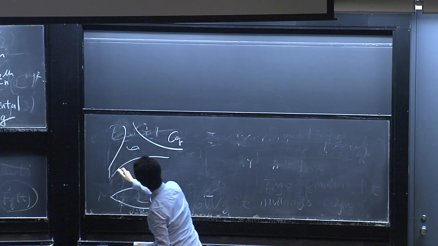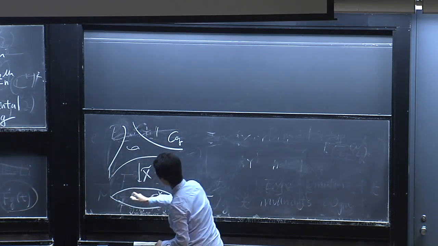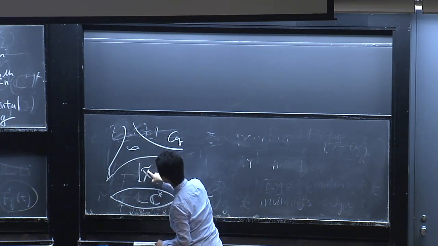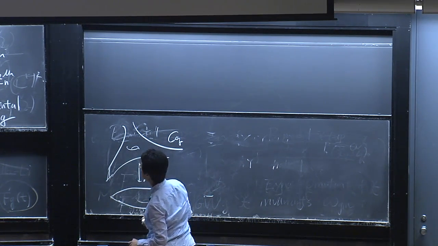This omega g,n is actually holomorphic near this point. So near this puncture, x tilde is a good local coordinate.